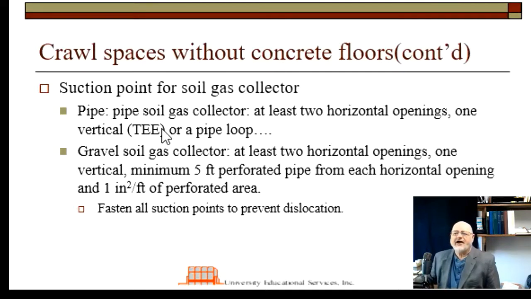And then for the gravel soil gas collector, just to underline this, you've got to have 2 horizontal openings and 1 vertical, so that's another T, and a minimum of 5 feet of perforated pipe from each side. Remember the difference between the gravel soil gas collector and the pipe soil gas collector. The big difference is that in the pipe soil gas collector, you have to dig a trench and put gravel in it.